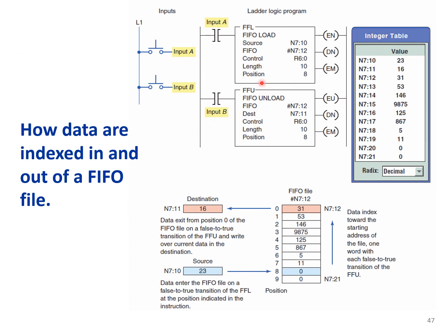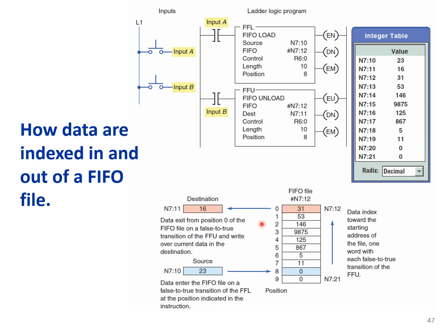So here we have FFL for loading. Both of them are FIFO. One is loading, the other one is unloading. It's very similar to the shift register. FFL that loads data when it has something in the source will load it to the beginning, and the unload one is unloading from the last one.